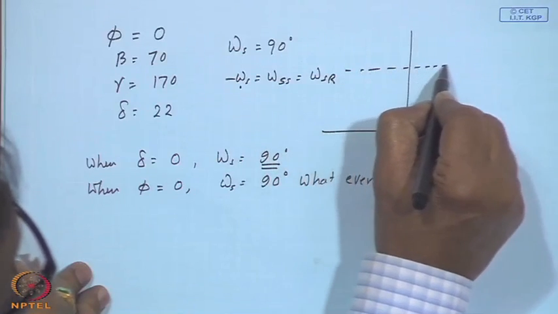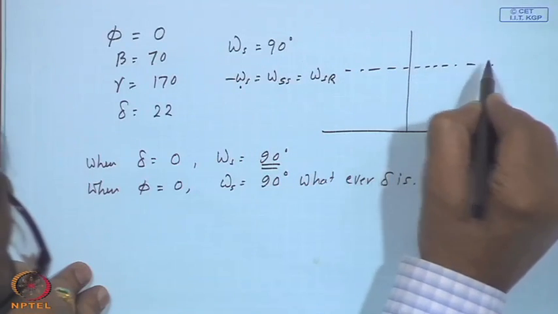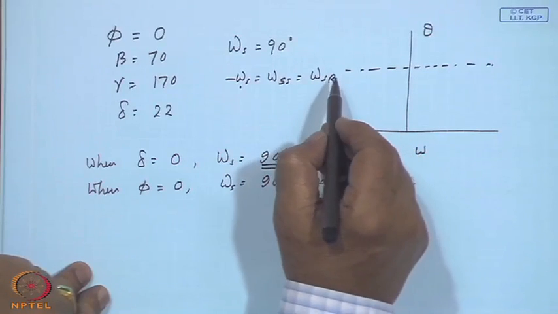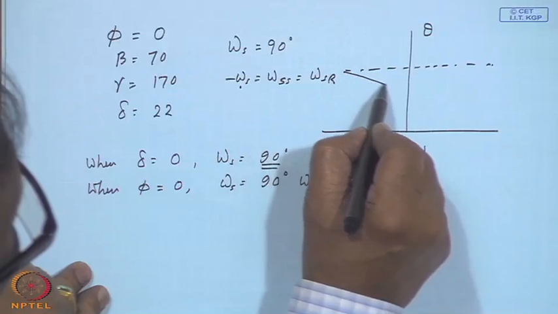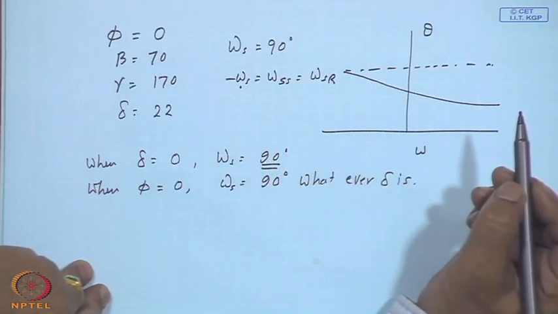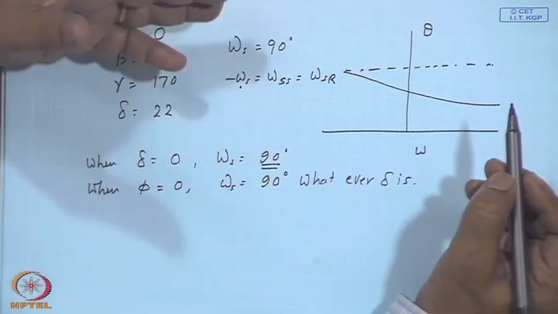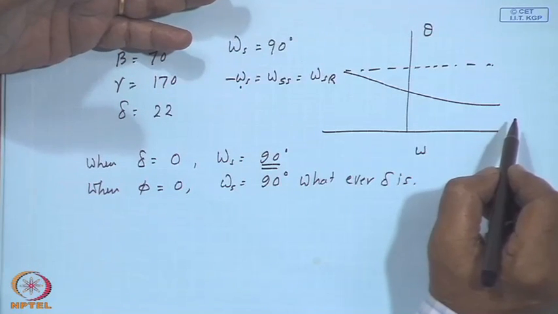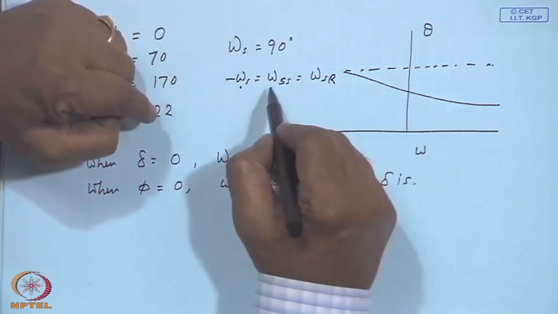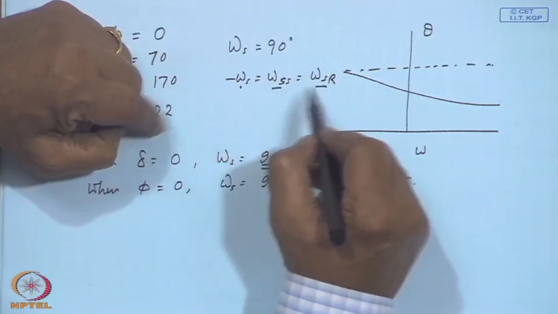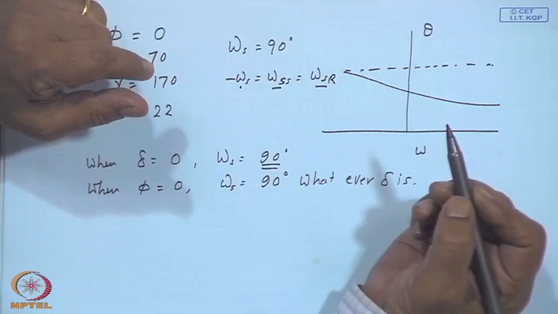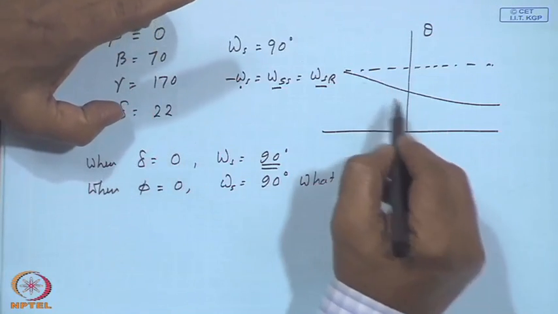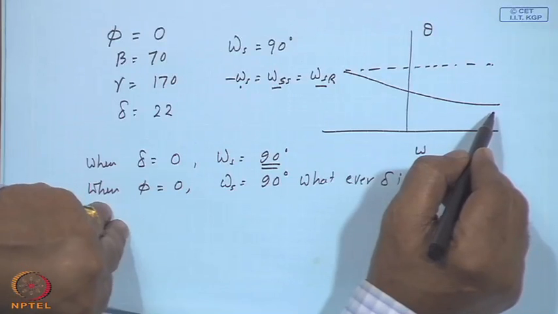So, if you plot theta versus omega, you will have this satisfying it like this. So, it looks like it is a single sunshine, right, but it is because of omega SS and omega SR coinciding with minus omega s. And this one has to calculate it and convince yourself.